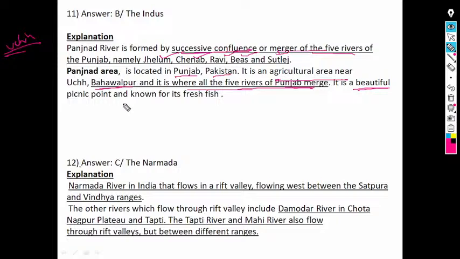It is a beautiful picnic point. This is Indus.